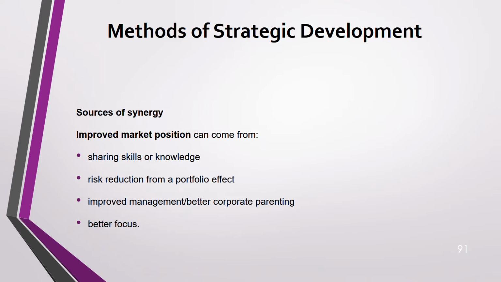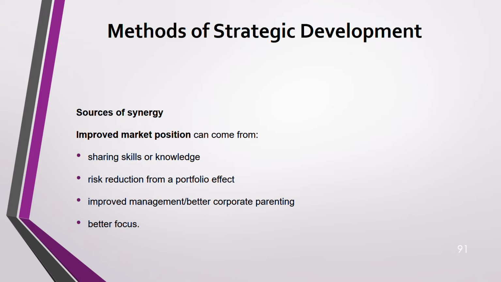Next, we are moving to improved market position. How can your market position improve? Market position can come from these four areas. Either you are sharing skills or knowledge. Risk is reduced because of the portfolio effect. What is the portfolio effect? You are having more goods. You are having the demand from the target company's customers also.